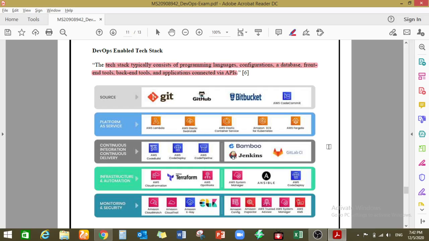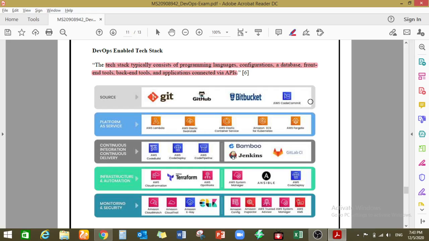And this is the DevOps enabled tech stack. It varies from organization to organization. Also, model to model, we can employ this stack differently. When we focus on the development of cloud services, this picture shows how DevOps enabled stacks are integrated.